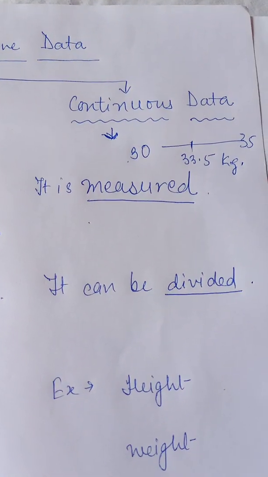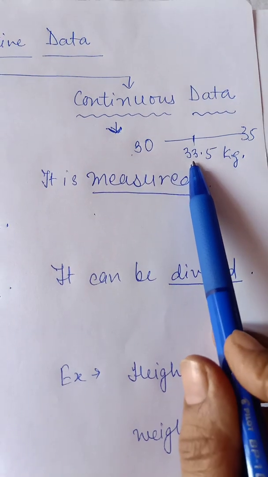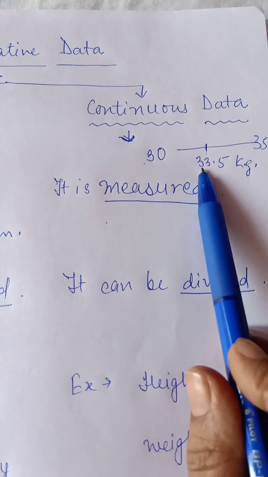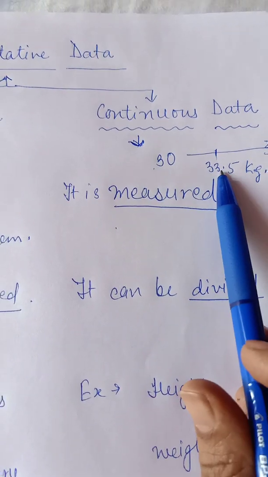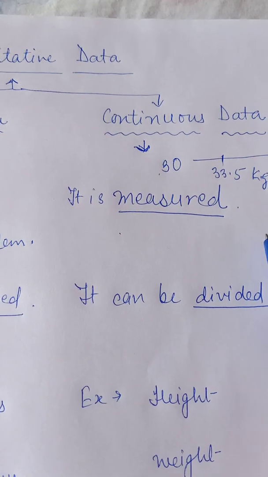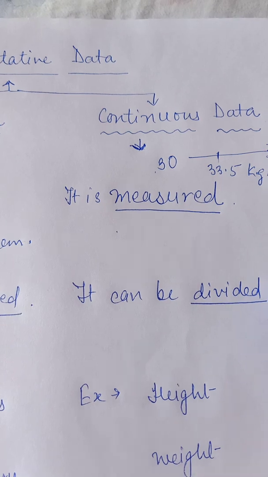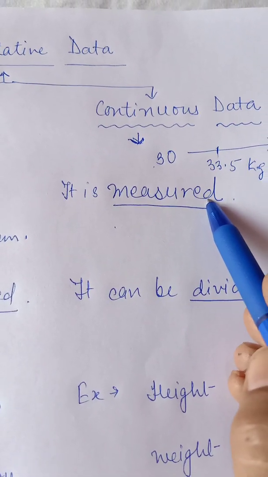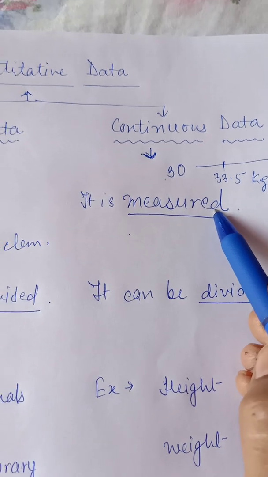Okay, so this will be the example of continuous data. So now we can understand that continuous data is an unbroken set of observations that can be measured on a particular scale.